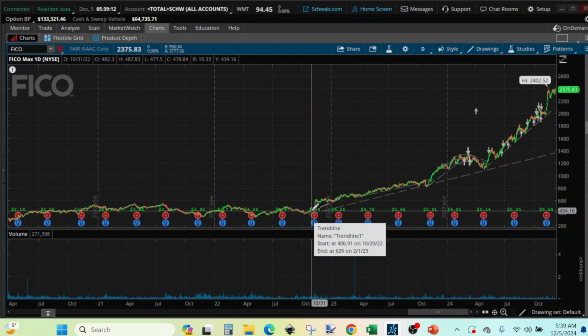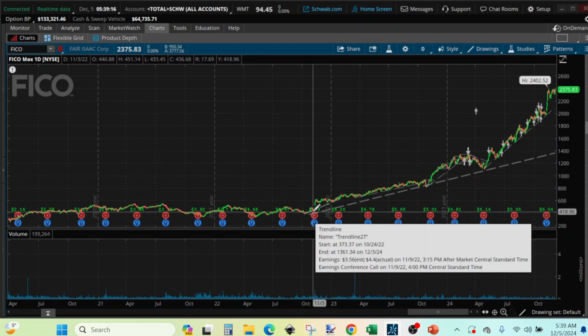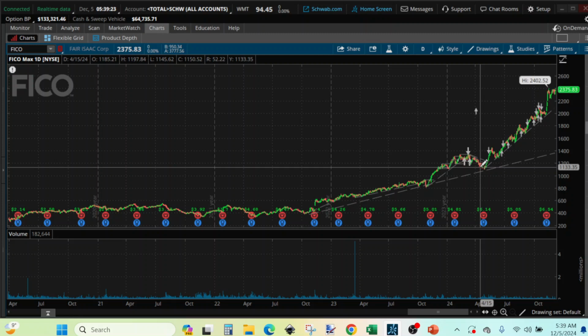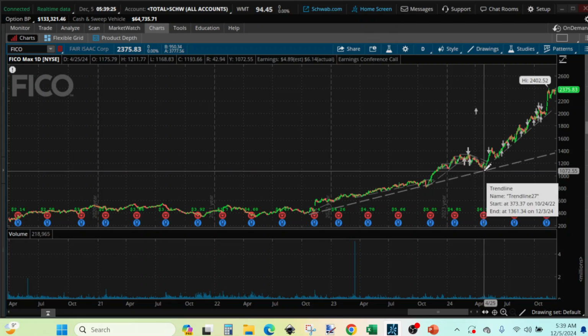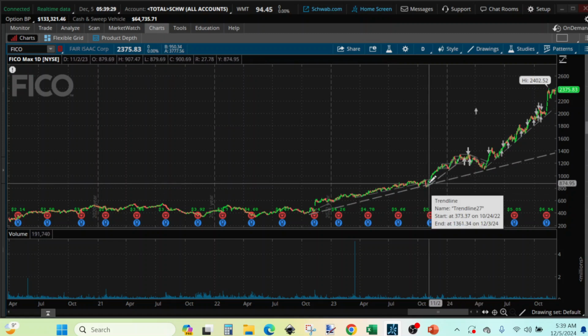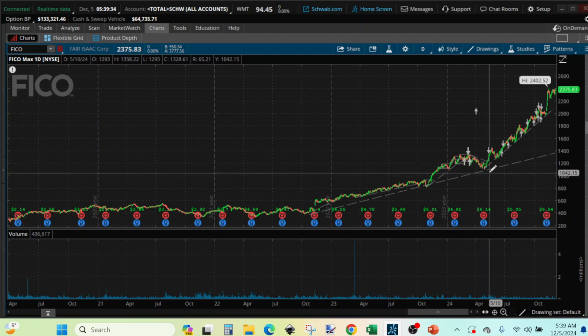that steep growth repeated itself here to create this oblique line, and from here we have that line here as well. But again, we did have it here, but it came back.